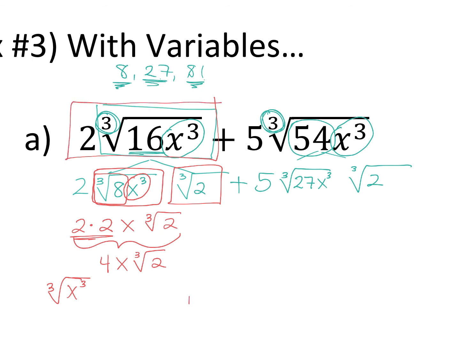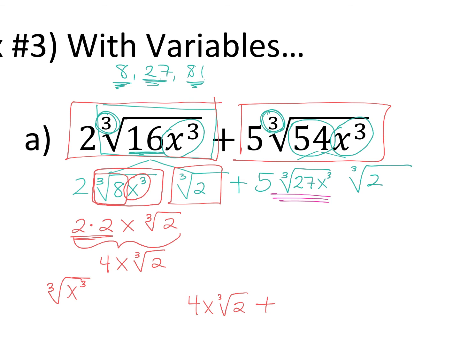So we have 4x cube root 2 plus, and now we have to figure out what this is simplified. So from there, we're going to break down this cube root of 27x cubed. So again, you can plug into your calculator, math 4 is the cube root, and then 27. So it'll show up on your calculator looking like this, and it will tell you that's 3. So you're going to say 5 times 3, and then take the cube root of x cubed is just x.